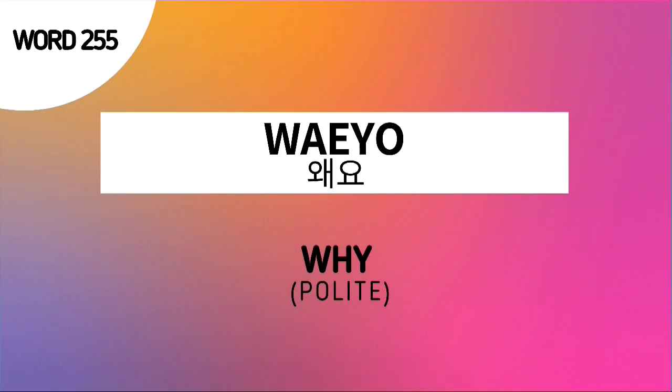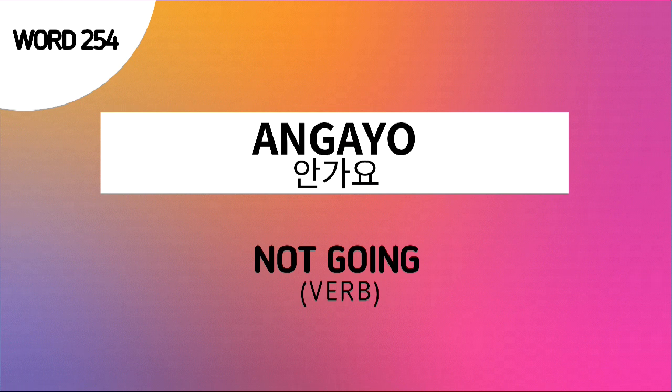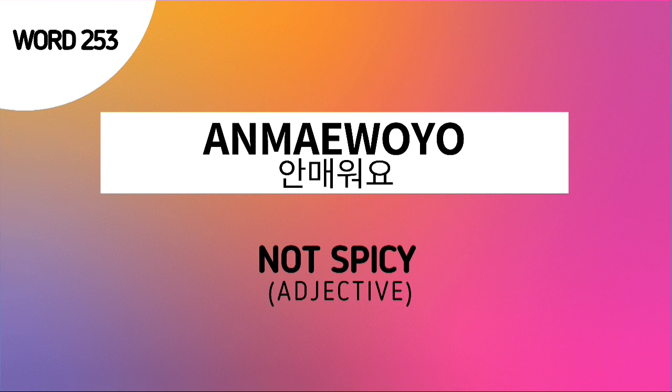The first word for our review is word number 255, weyo, which is a polite way of asking why. Word number 254 is an kayo, which means not going or to not go. Word number 253 is an mewoyo, which means not spicy.